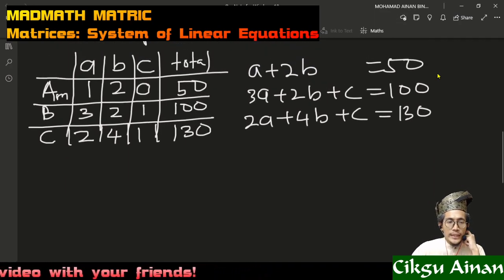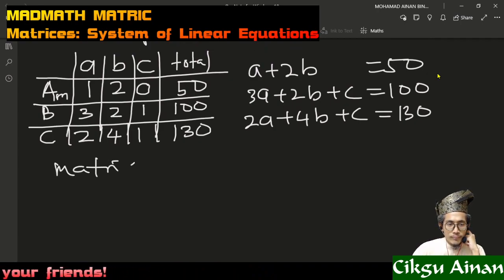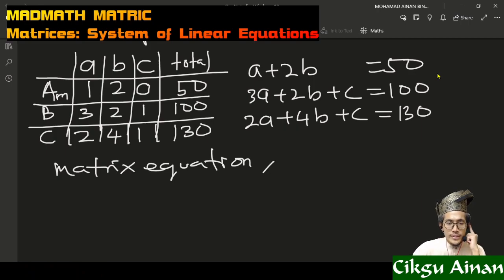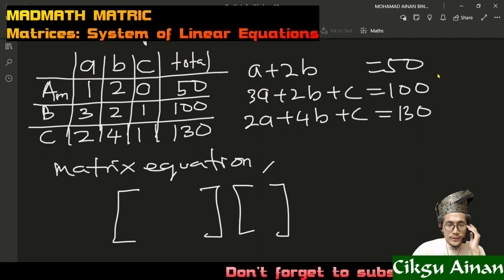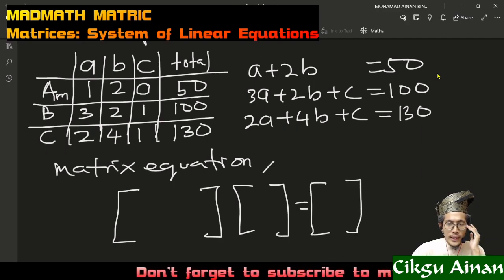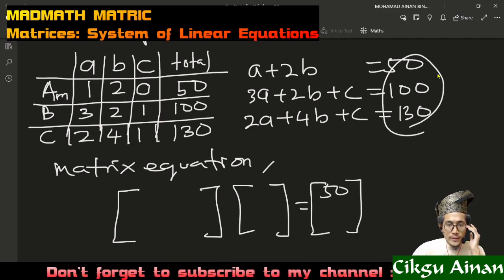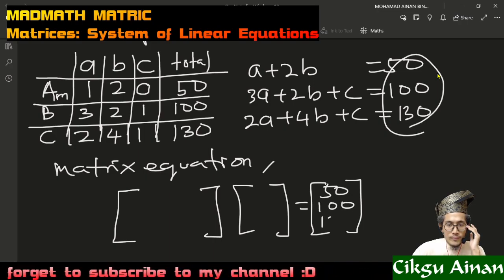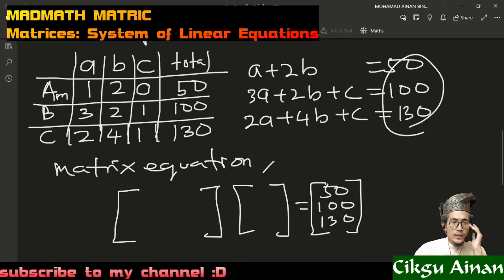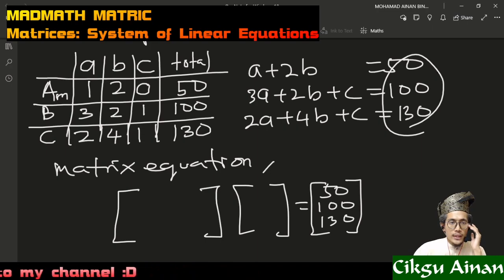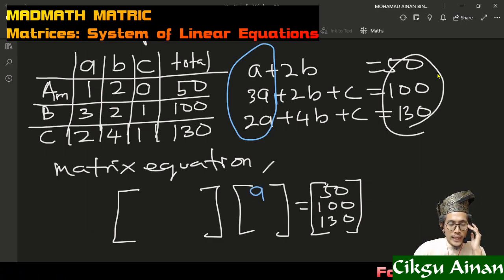From here we can write the matrix equation. Write the boxes first. Clearly these are the numbers we can copy and paste right away. Now let's have a look at what A is. The first column is everything A, so the entries are 1, 3 and 2.